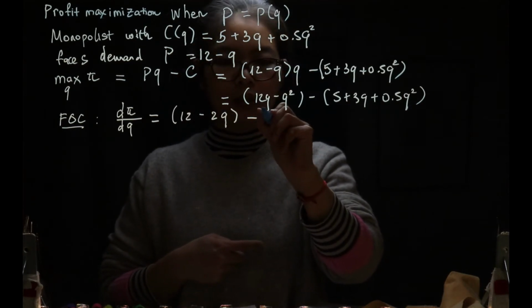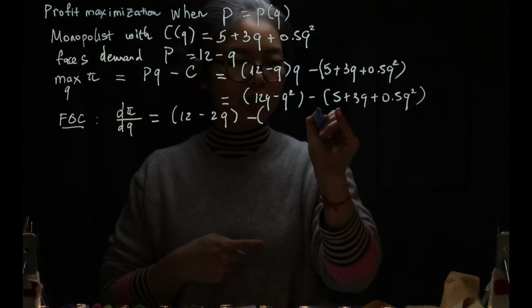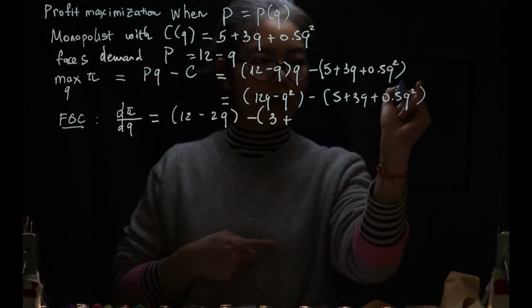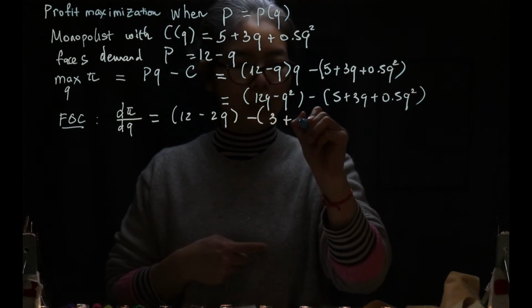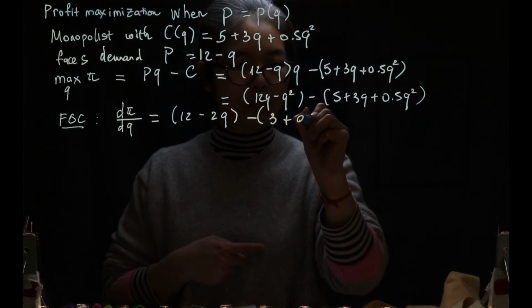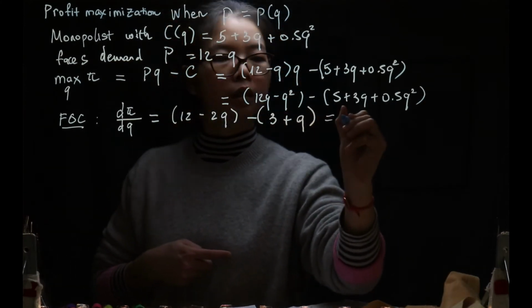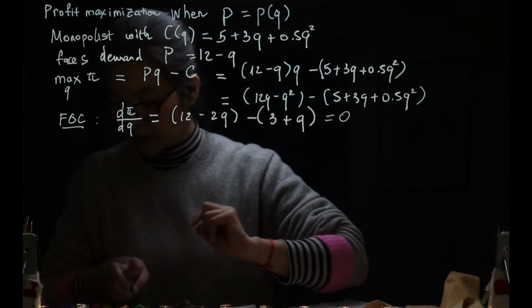Is it now trivial to you? I trust that. The second bracket, 3 plus 0.5 times 2, the exponent, so this is 1 and then q, equal to 0.